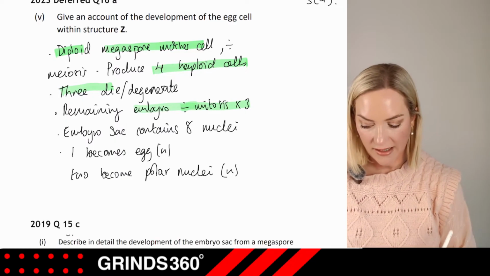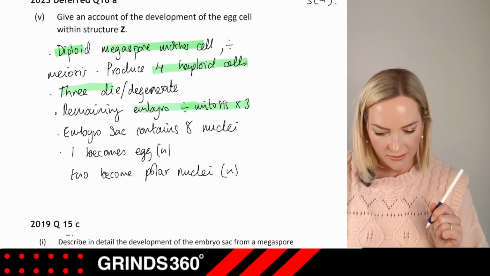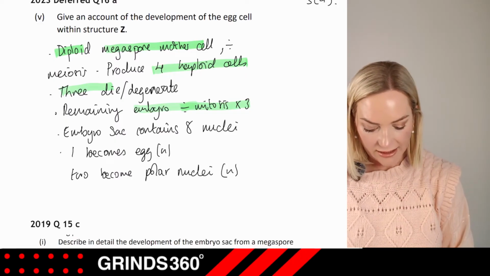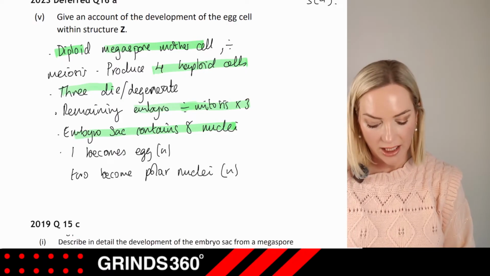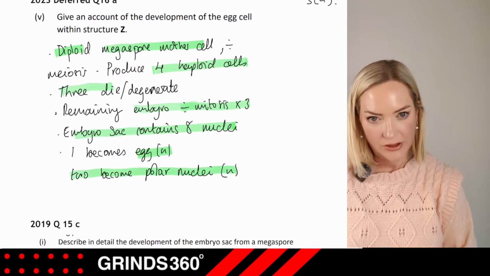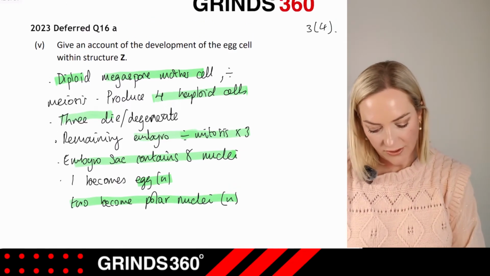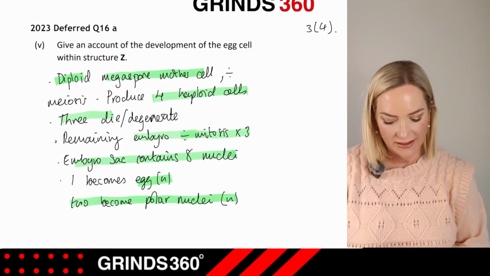So you must have divides by mitosis 3 times to get the mark there. Your embryo sac contains 8 nuclei. 1 becomes the egg, which is haploid, and 2 become the polar nuclei. So if there's 12 marks being awarded for that, you have 1, 2, 3, 4, 5, 6, 7, 8. 8 points for this.